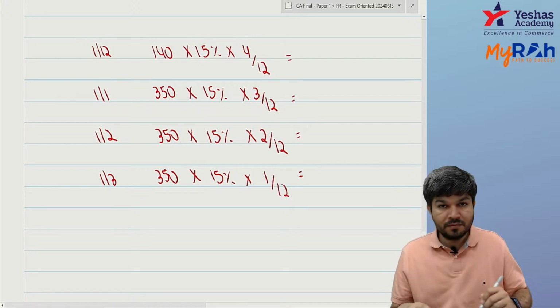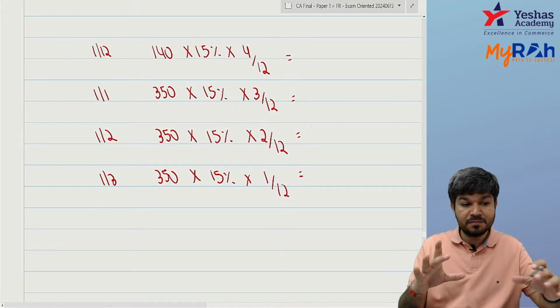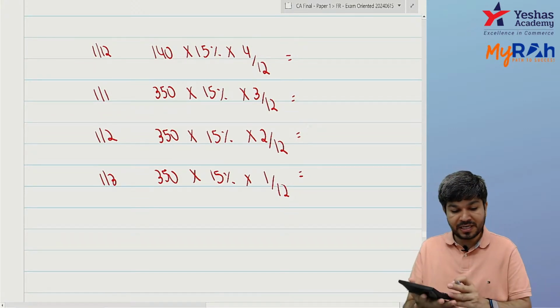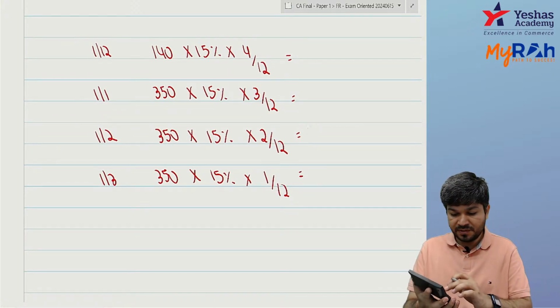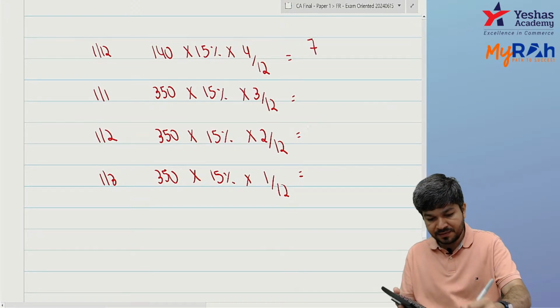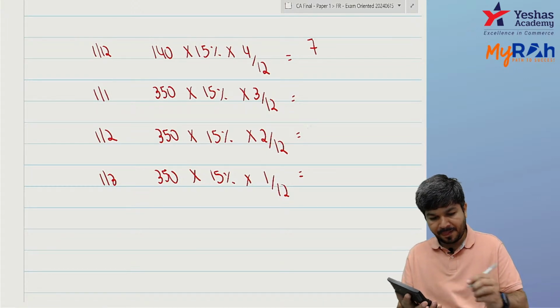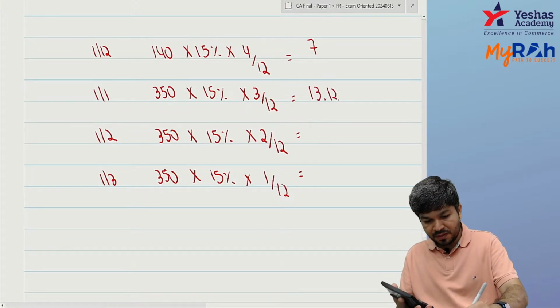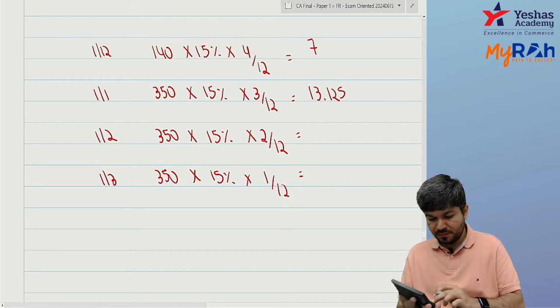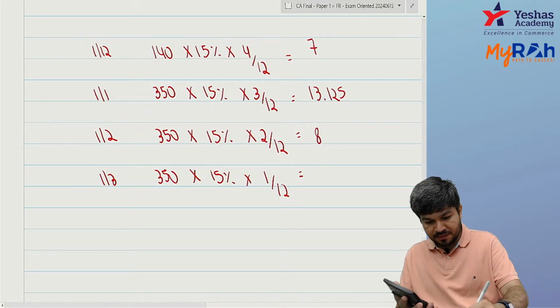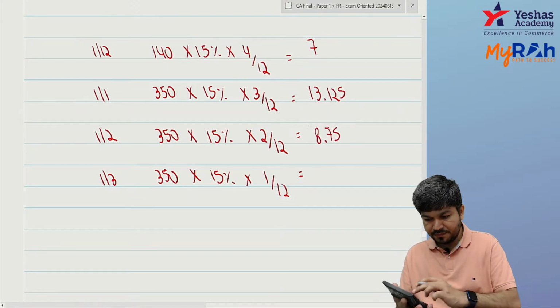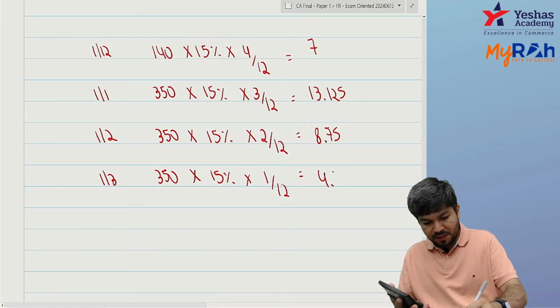So how to deal with the borrowing cost? This much borrowing cost can be capitalized. 140 into 15% into 4 by 12 comes to 7. 350 into 15% into 3 by 12 is 13.125, then 8.75, then 4.375.